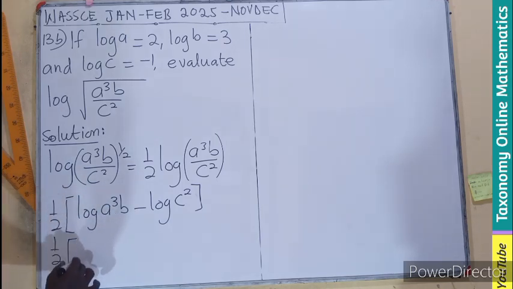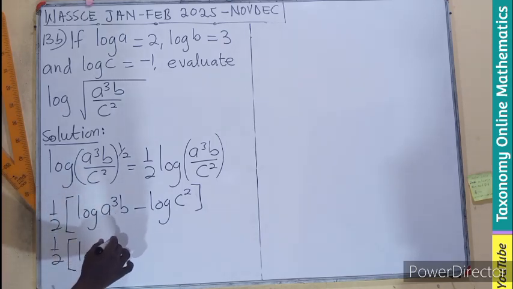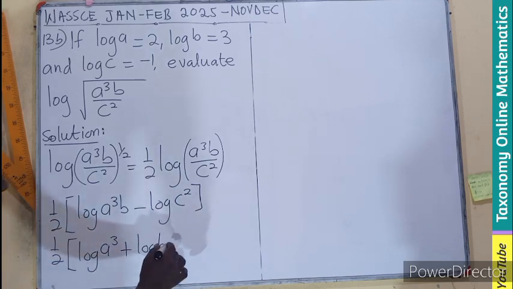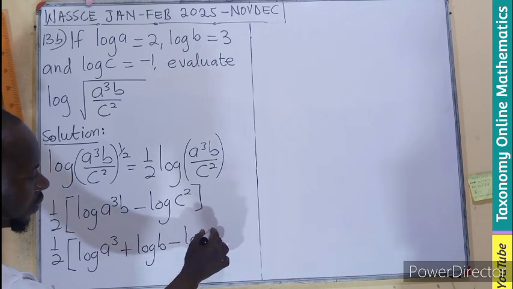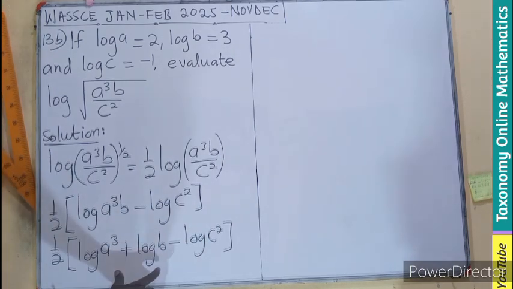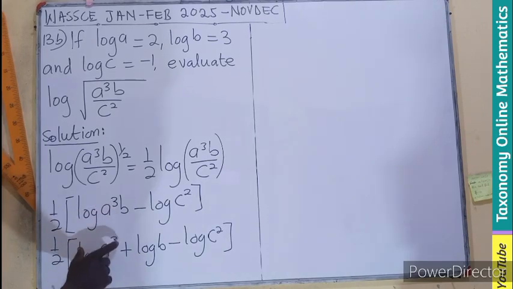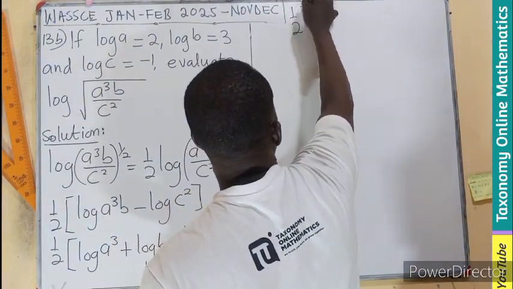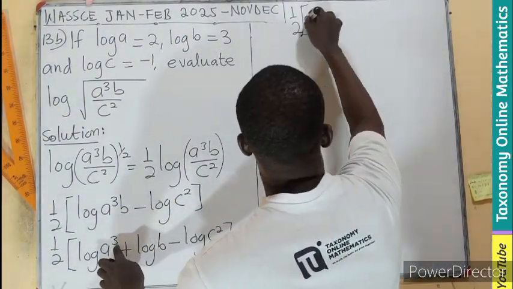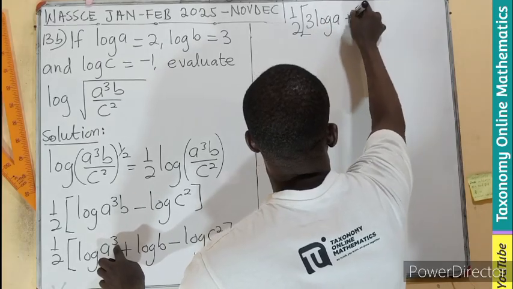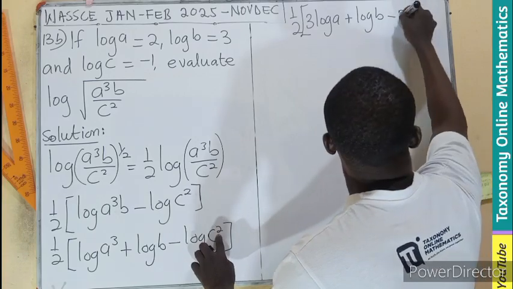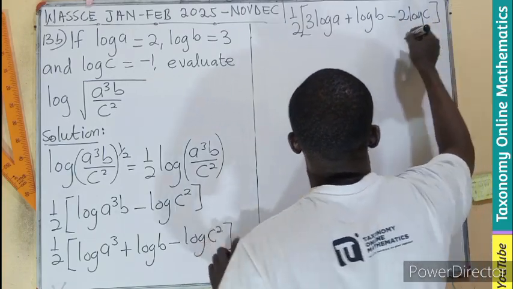So 1 over 2 times log a to the power 3 plus log b minus log c squared. Now I can see a power still under logarithm. So 1 over 2, this power will now become 3 log a plus log b minus 2 log c.